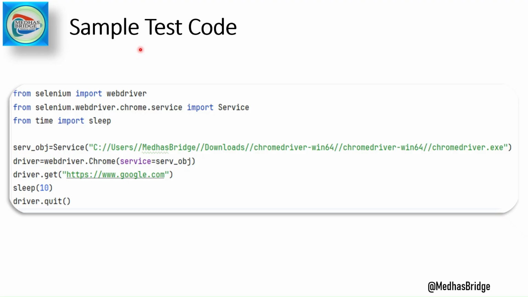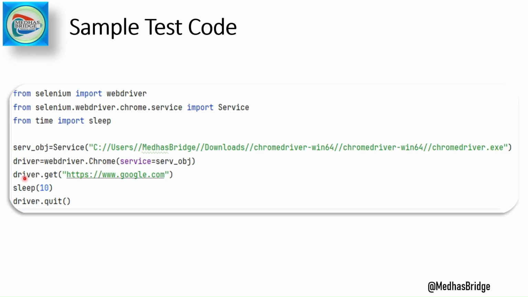Here is a sample Python Selenium code where we are trying to open a web page called google.com, right? You have the webdriver and then give this Chrome driver, and this is called a driver instance for this class Chrome.